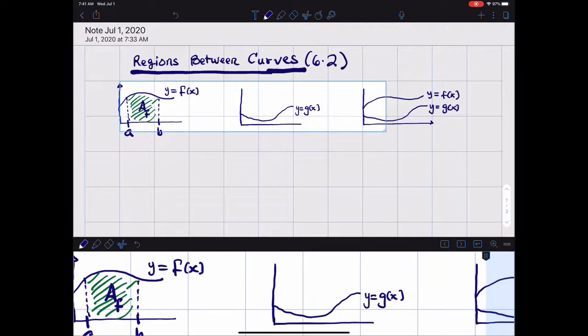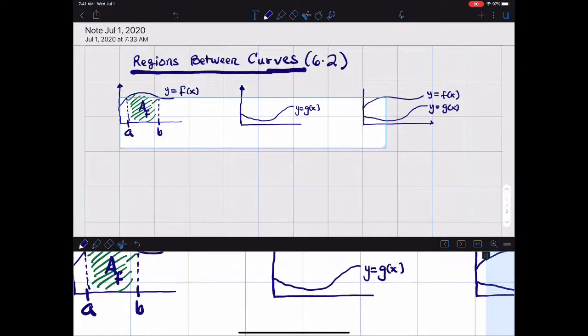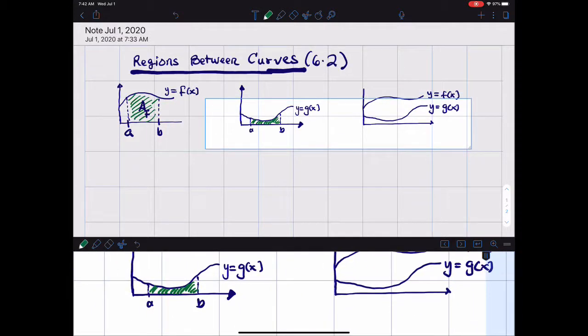And we want to consider the graph of this function, and the area under the graph from the same beginning point A to B. Let's color it green again. Okay, now let's call this area A G.